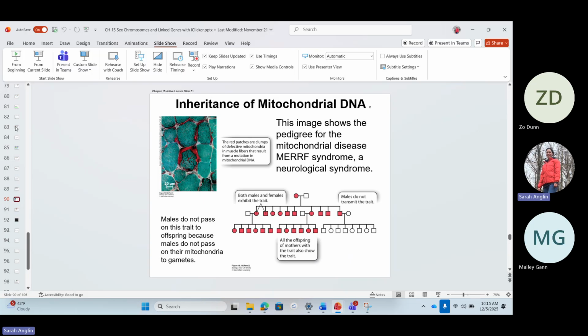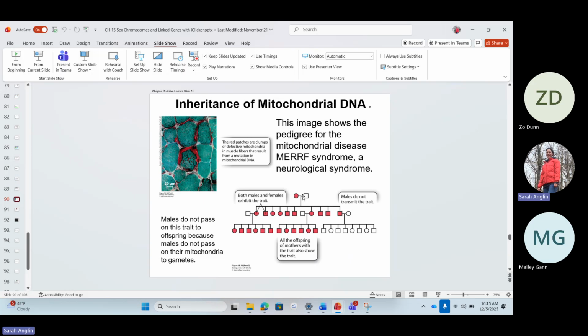Since all of our mitochondria come from our mother, and remember, their DNA is not in the nucleus. Their DNA is inside of the mitochondria, and so it's separate from what's taking place in the nucleus. So if there is a condition that affects the DNA of the mitochondria, the mother will pass that on to all of her offspring.